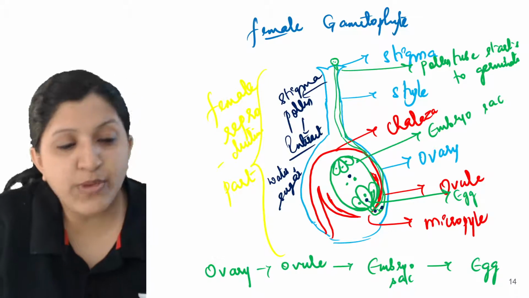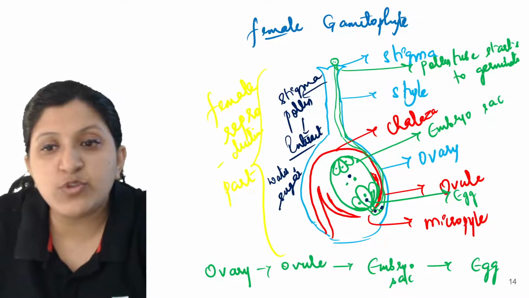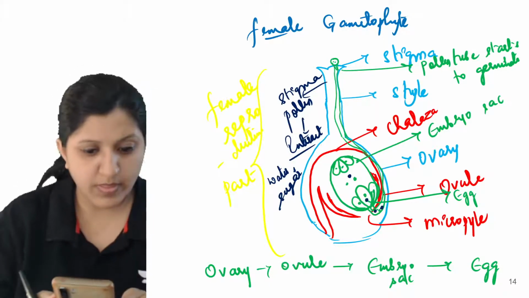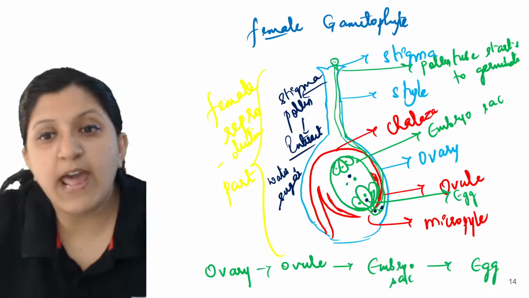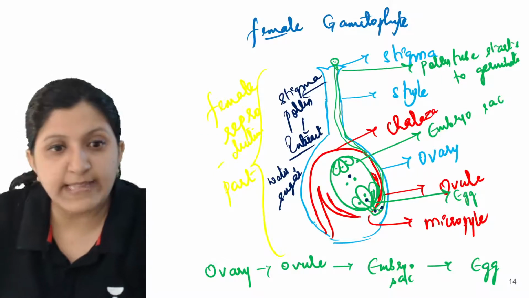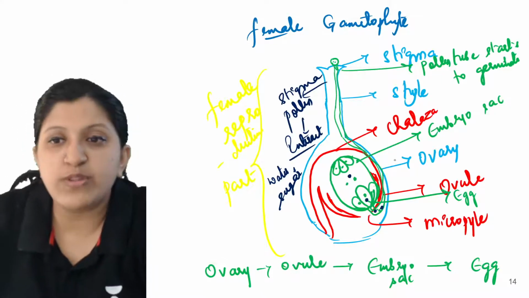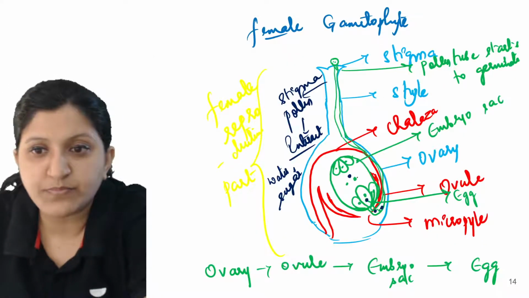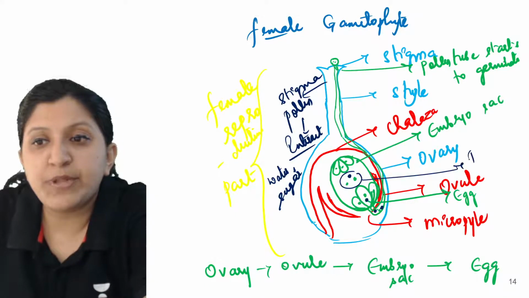You can see here that 3 sets of nuclei are there. So 3 of them are getting fused, and that is why we call this part a triple fusion.